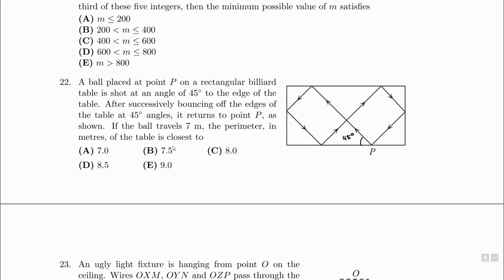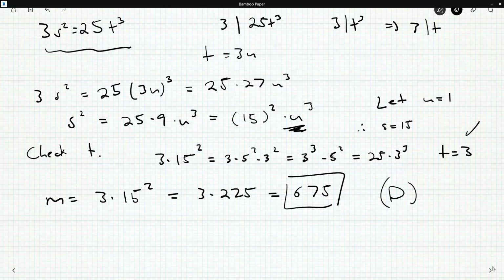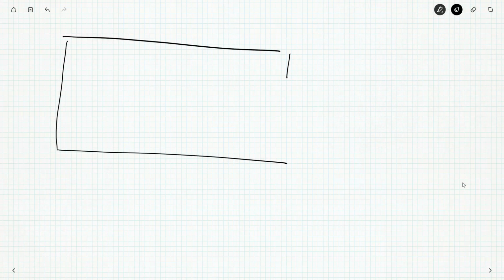We know the ball travels 7 meters, and we know exactly what the path looks like, and that all these angles in here are going to be 45 degrees. Let's draw this picture and see what we can calculate. We've got point P here.